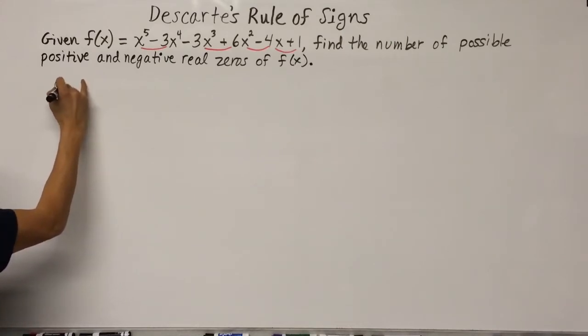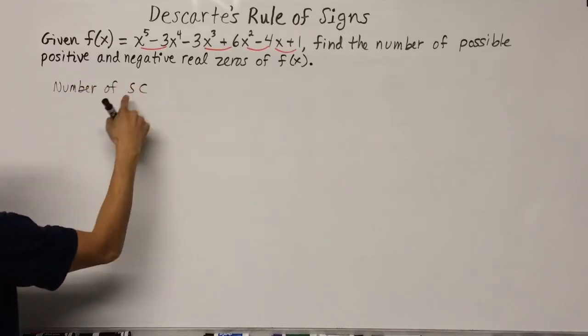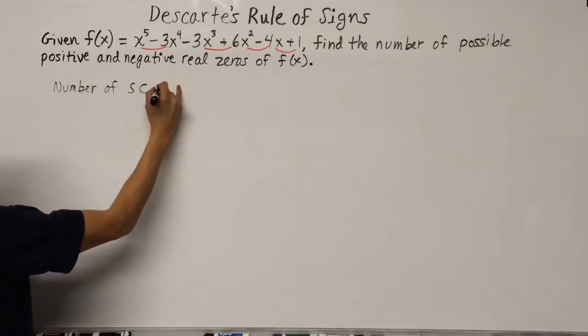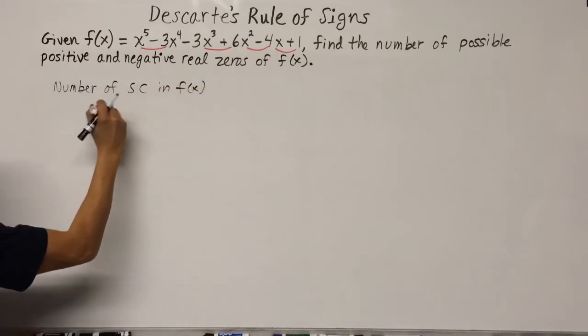Okay, so the number of sign changes, I'm just going to put SC for short, number of sign changes in f of x is 4.